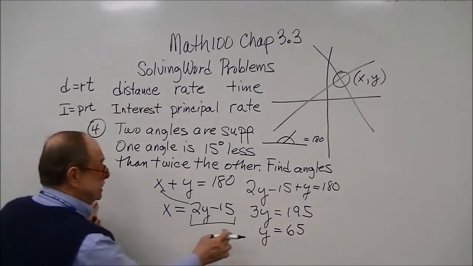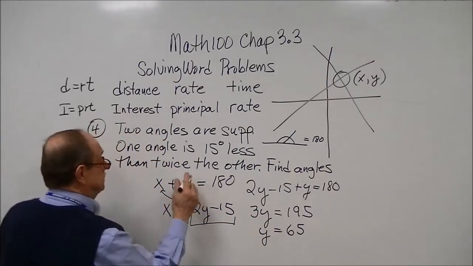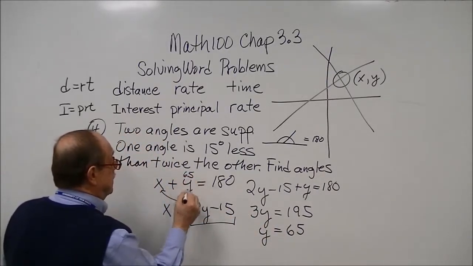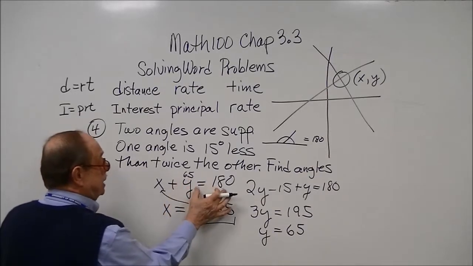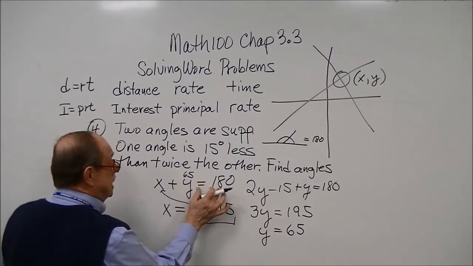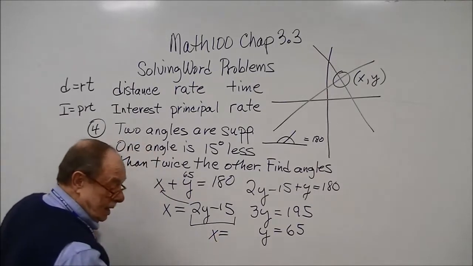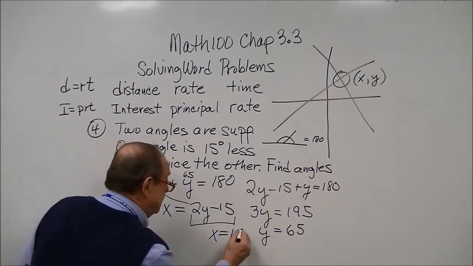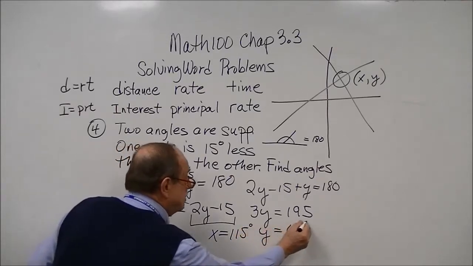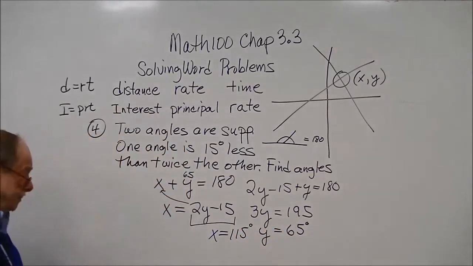Well, if y is 65, we're going to just subtract 65 from both sides, and we get then that x equals 115. And remember, these are degrees.